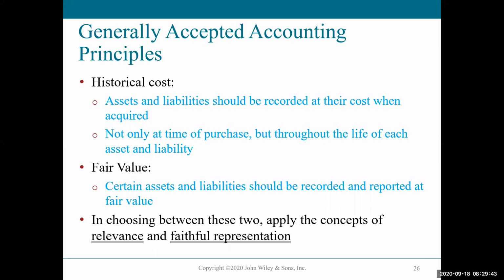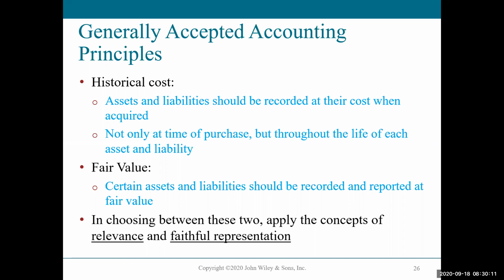So historical cost is when the assets and liabilities are incurred, they have to be recorded at cost. Whatever was the cost to the business, whatever money they paid, is what we need to record our assets and liabilities at. Not only at the time of the purchase, but throughout the life of that asset and liabilities, they will be stated at historical cost.